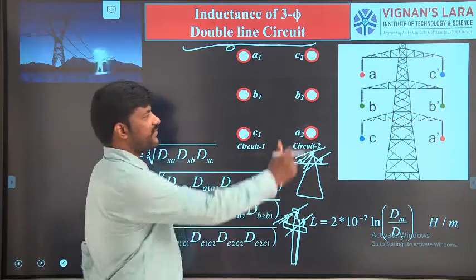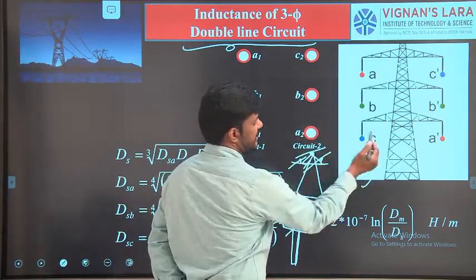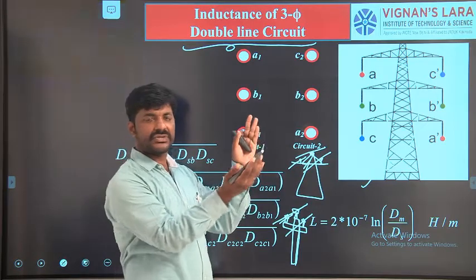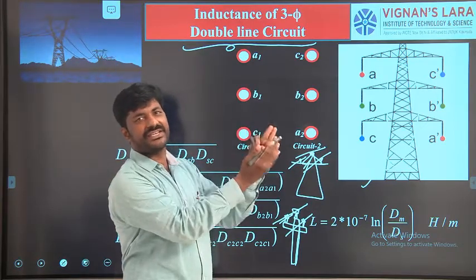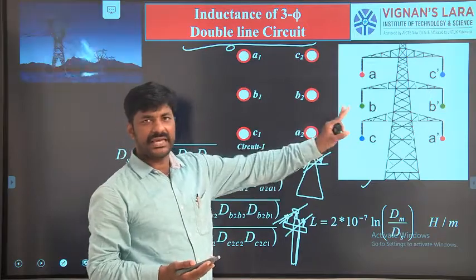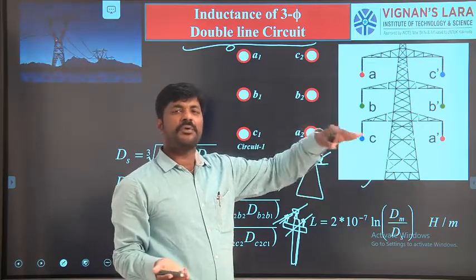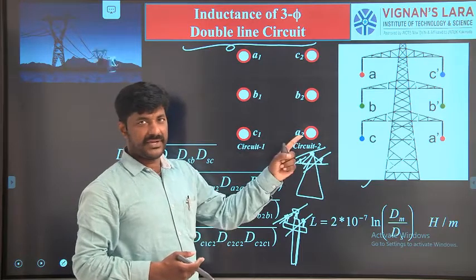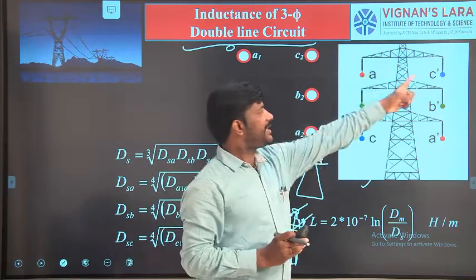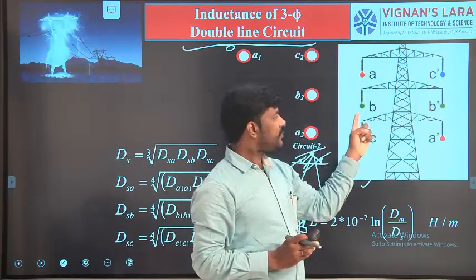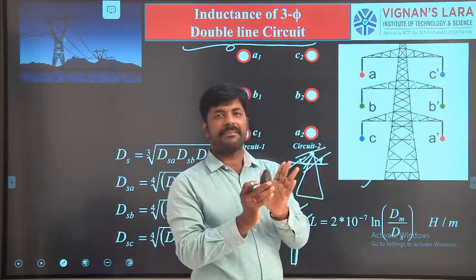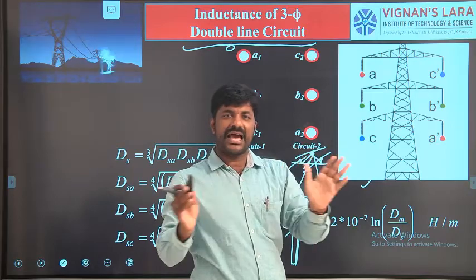That is the physical diagram of this three-phase double line circuit consisting of A, B, C conductors on one side, A dash, B dash, C dash conductors on the other side. To minimize the proximity effect between the similar phases, if you observe here, parallel to the A there is no A dash, parallel to the C there is no C dash. To the maximum extent we have separated the similar phases with large distance.